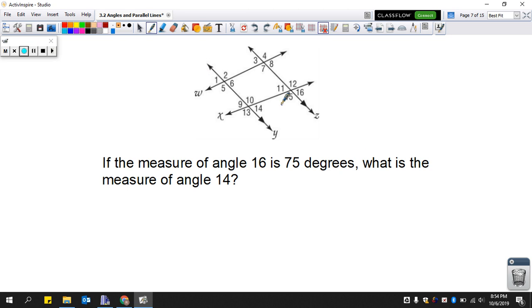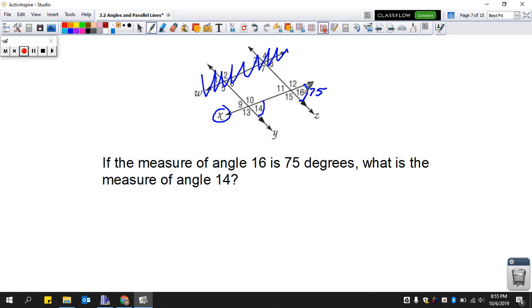If the measure of angle 16 is 75 degrees, what is the measure of angle 14? Well, we can see here the transversal is X. We can ignore these angles up here because they don't have anything to do with this one down here.